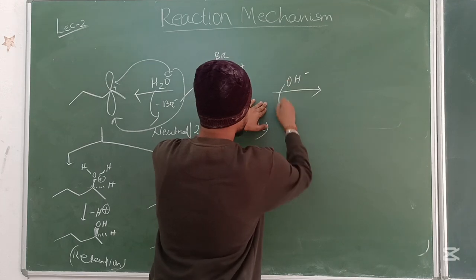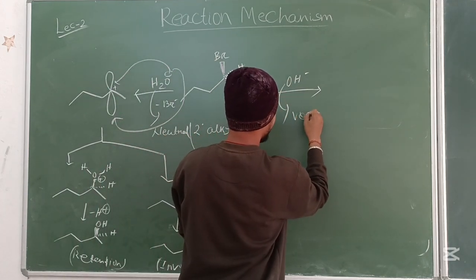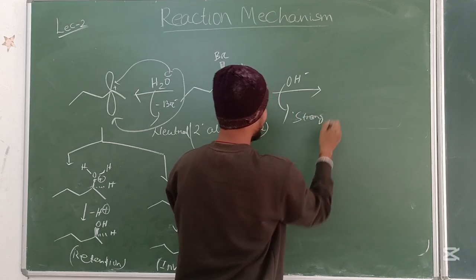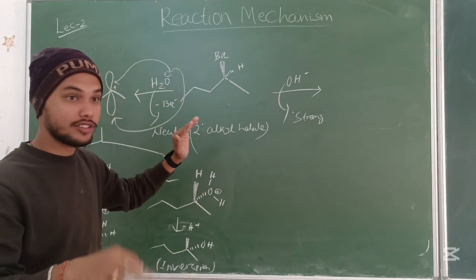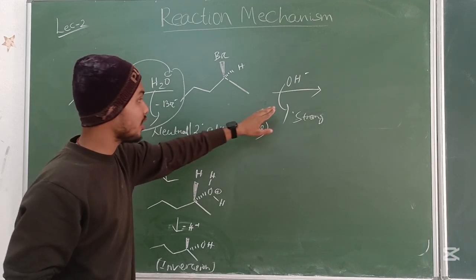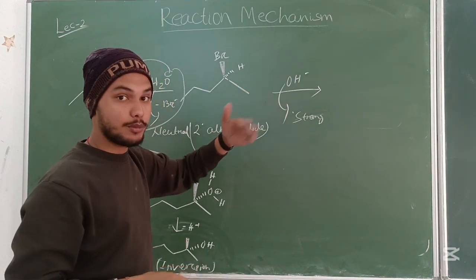So you know that the nature of OH minus is very strong. That means it is a strong nucleophile. So you know that in the SN2 reaction it is bimolecular. That means the rate of reaction depends upon both the substrate as well as the concentration of the nucleophile. So as it is an SN2 reaction, the product will be inversion in nature.